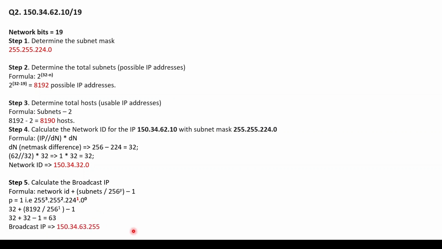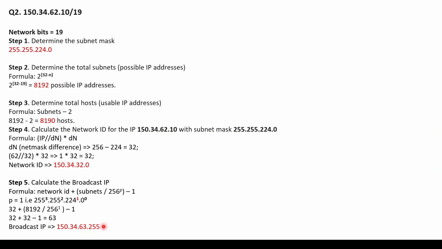Now, as opposed to network ID, where we convert every octet rightmost of our target octet to 0, in the case of broadcast IP, every octet rightmost of our target octet is rounded up to 255. So we've got 63 as our broadcast value. We substitute that 63 into the IP range, and whatever octet is rightmost of our target octet is rounded up to 255.